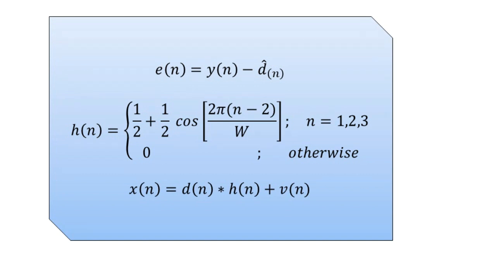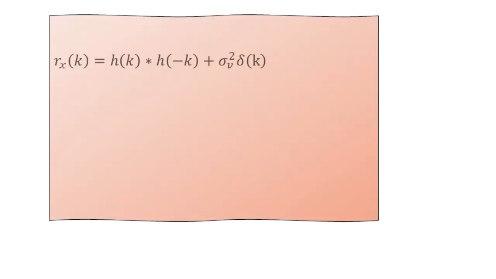Now here d of n is a sequence of uncorrelated random variables, and v of n, the noise signal, is white noise having a certain variance that we can denote by sigma suffix v square, and v of n being uncorrelated with d of n, the autocorrelation sequence of x of n we express as r suffix x of k equal to h of k convolved with h of minus k.